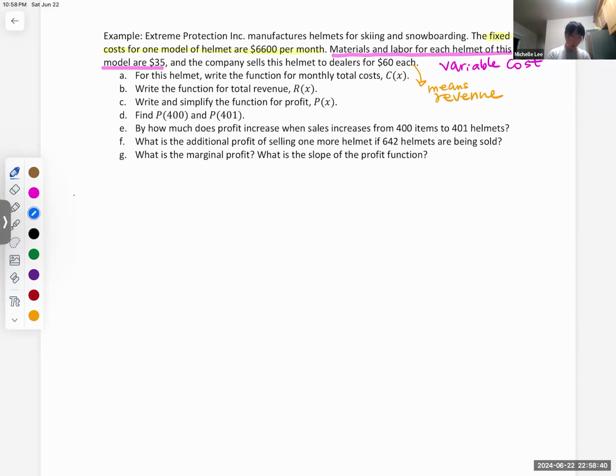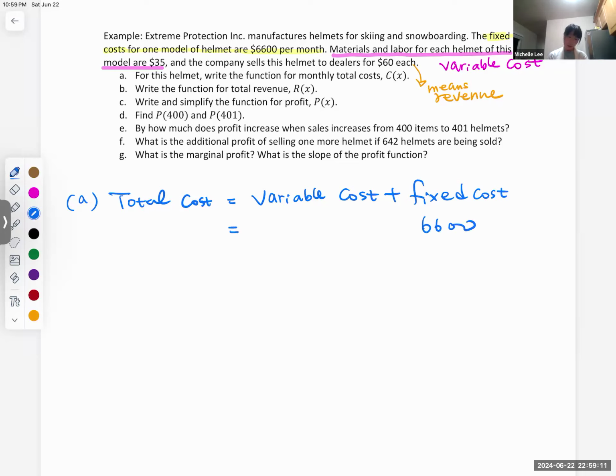Okay, part A for this helmet, write a function for monthly total cost. Total cost, we had the variable cost plus the fixed cost, right? Okay, fixed cost, we had 6,600 and variable cost 35x, yeah?